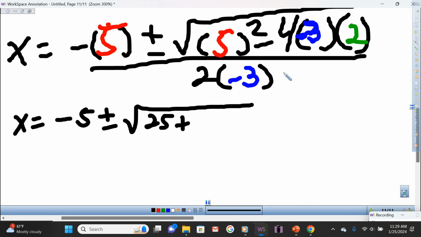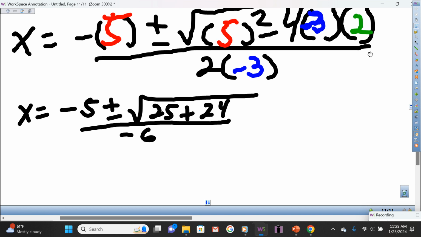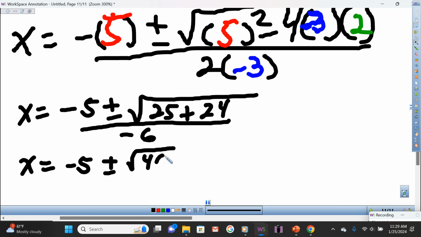Well, that becomes a positive. 4 times 3 times 2, that's 24. Over 2 times -3 is -6. So far, so good, yes? Yes, Mr. Q. All right. Next, x equals -5 plus minus square root of 49 over -6.